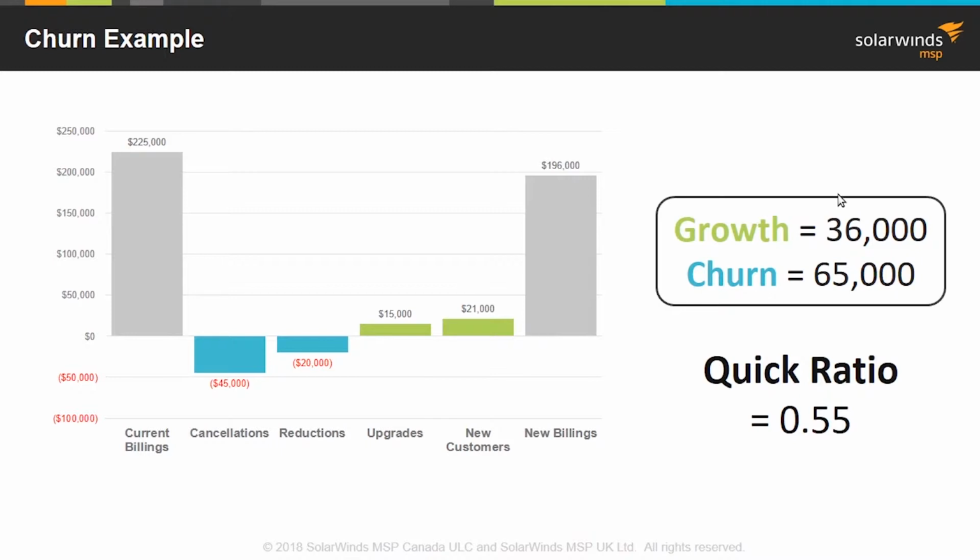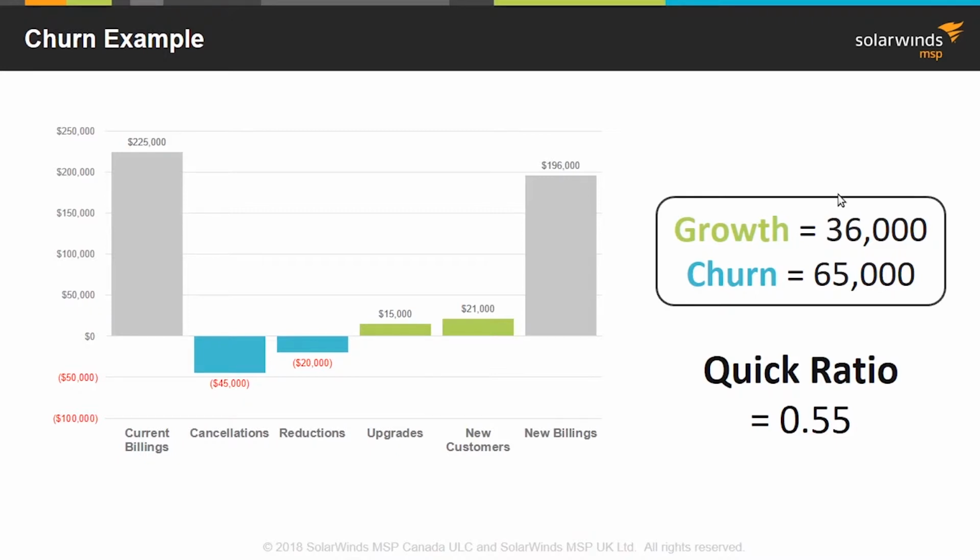Additionally, a few accounts add new services, totaling $15,000 in new monthly recurring revenue, and 1 new account is added for $21,000 a month. We sum the growth and then the churn, then divide total growth by total churn to get, in this case, a quick ratio of 0.55.